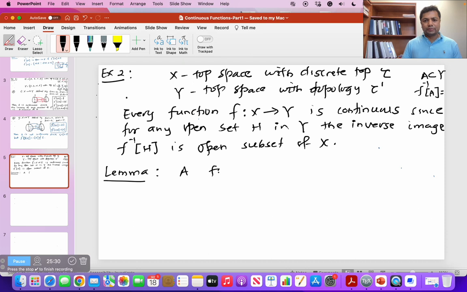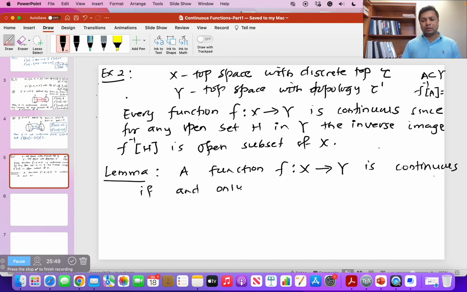A function f from X to Y is continuous if and only if. It is an if and only if statement.